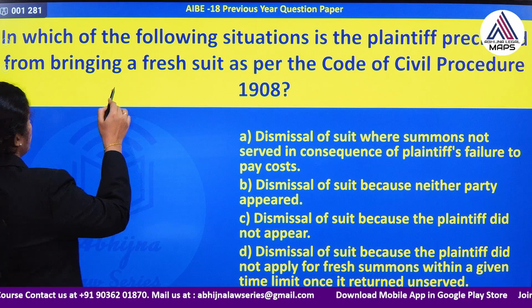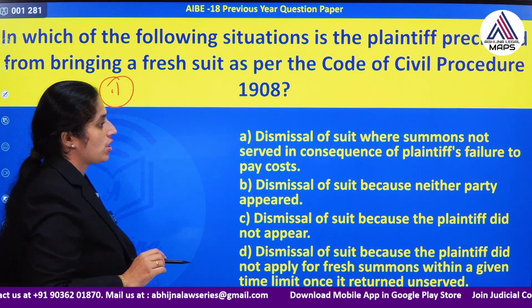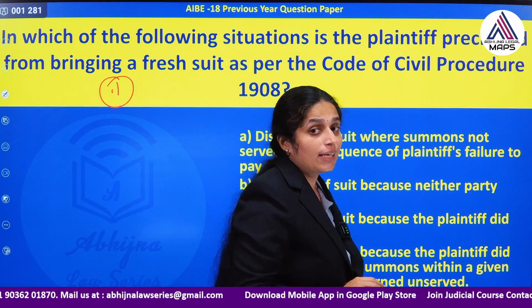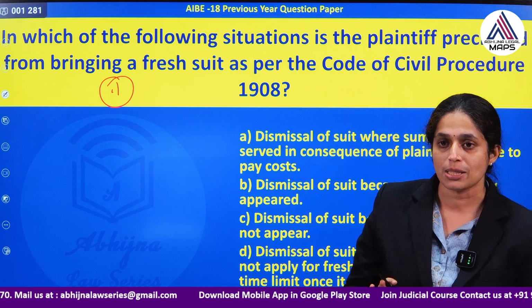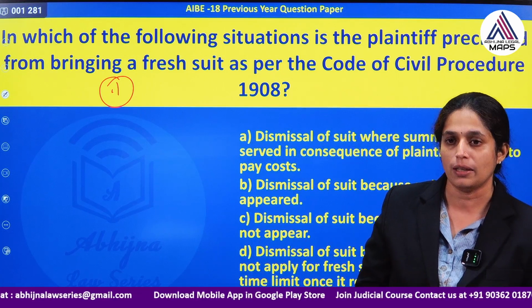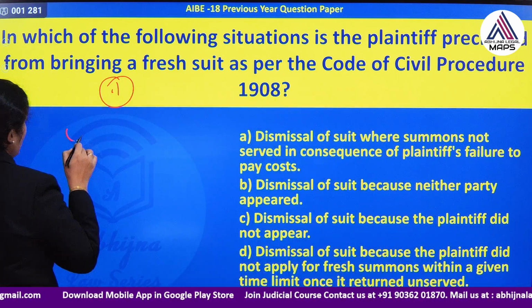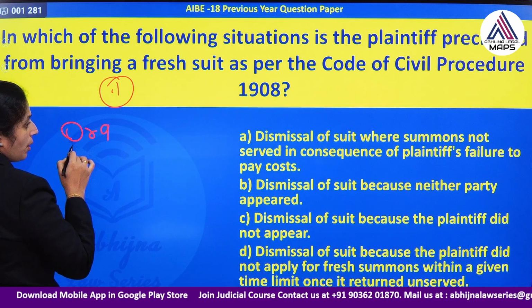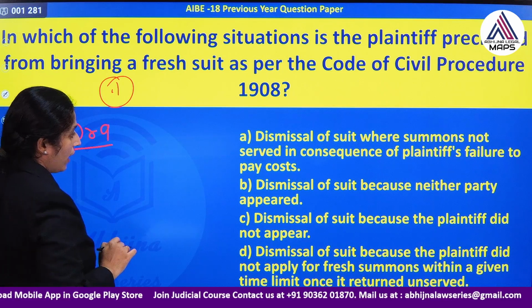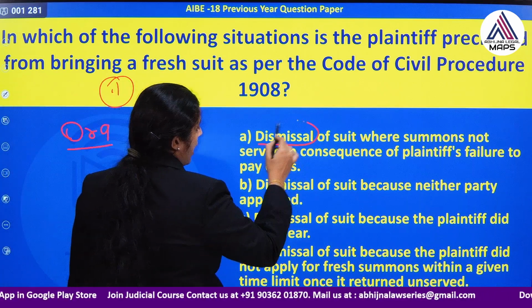Next one, 11th question. Which of the following situations is the plaintiff precluded from bringing a fresh suit as per the Code of Civil Procedure 1908? See here we have order 9 which speaks regarding appearance and non-appearance of the plaintiffs. Okay. So, these all are regarding dismissal.